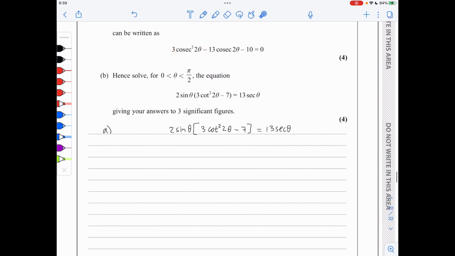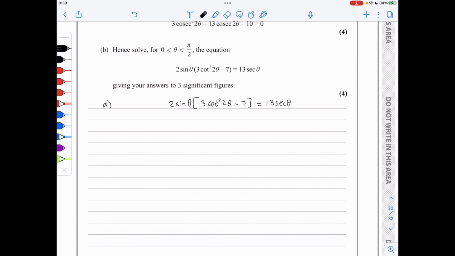Therefore, it makes sense to start off by expressing cot squared 2 theta as cosec squared 2 theta minus 1. And we also have 13 sec theta to be written as 13 over cos theta.